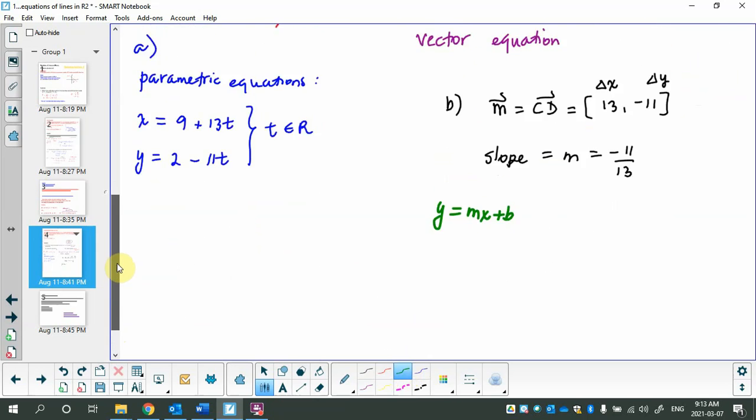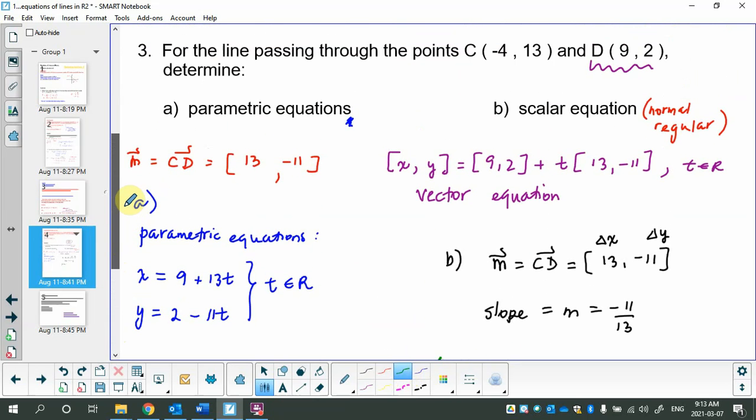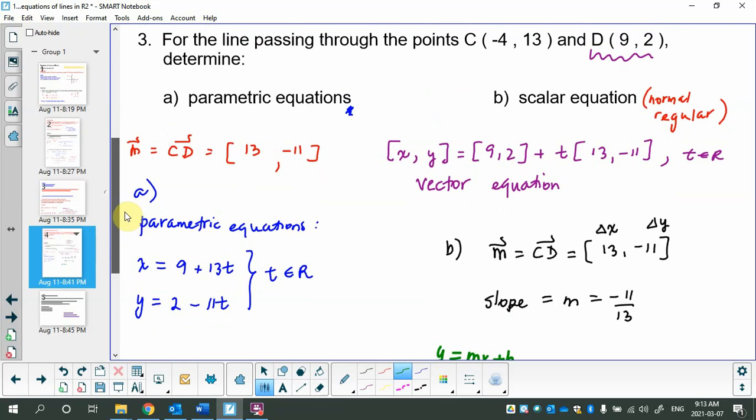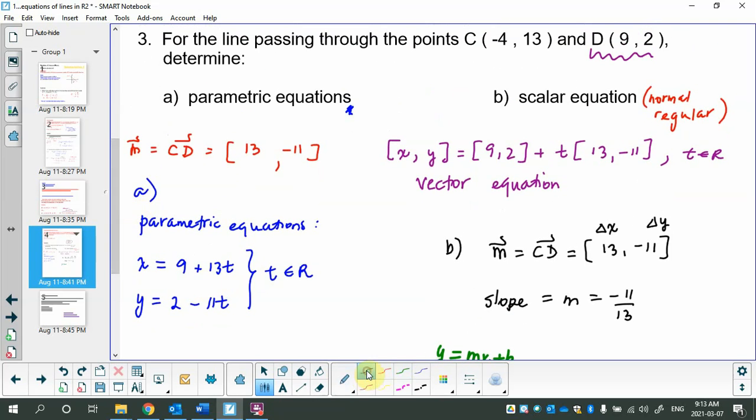And all I have to do is pick a point. So I'm still going to go with 9 comma 2 as my point instead of negative 4 comma 13. So that means my x is 9 and my y is 2, just so I have everything visible.